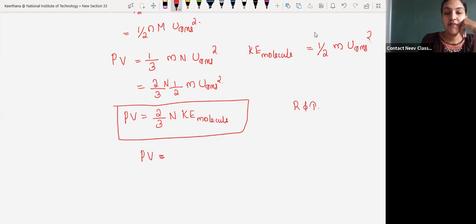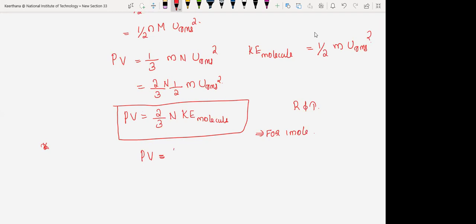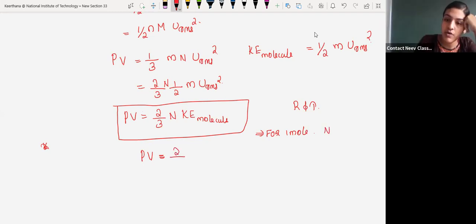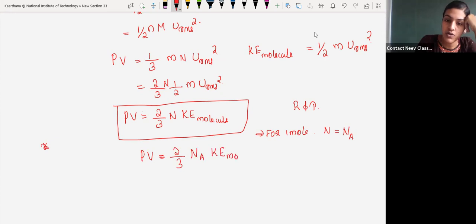If I'm writing this same equation for 1 mole, what change will happen? N becomes Na. Since it is 1 mole, number of molecules will become Avogadro's number. So it will be equal to 2/3 into Na into kinetic energy of molecule.